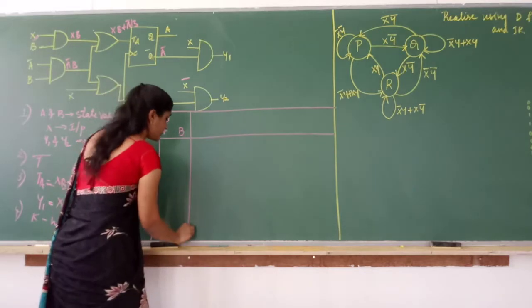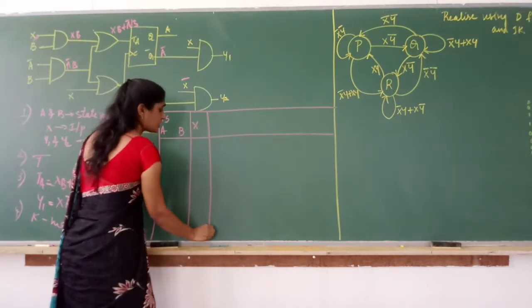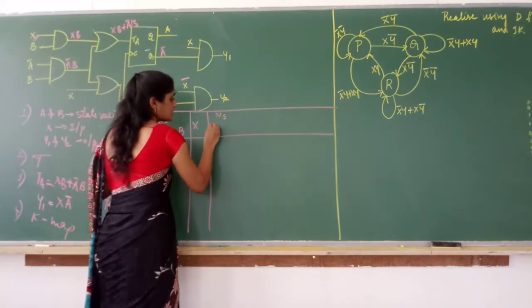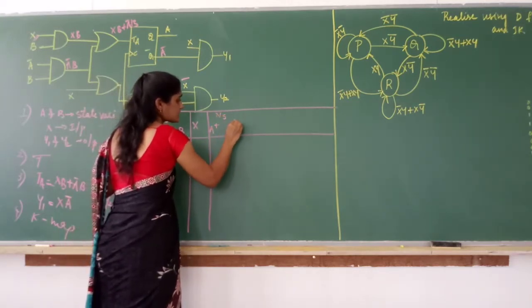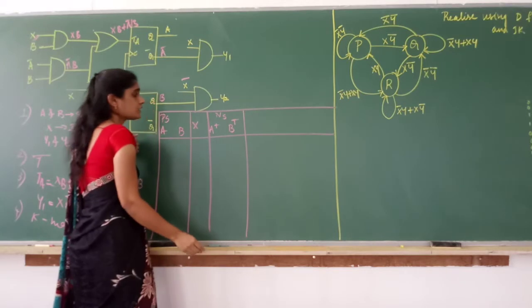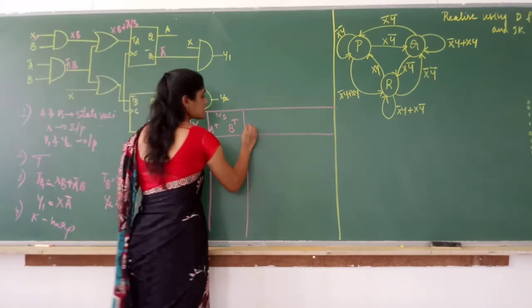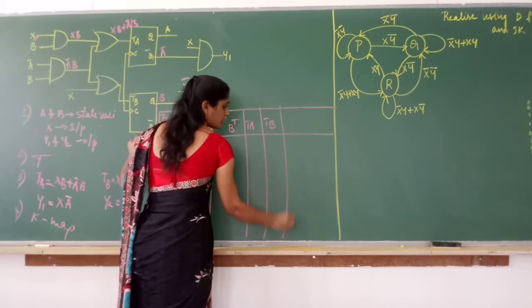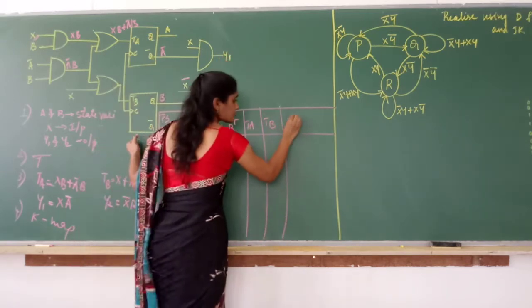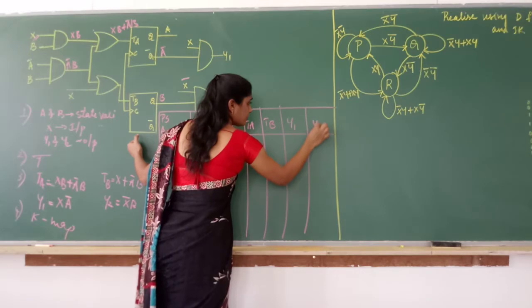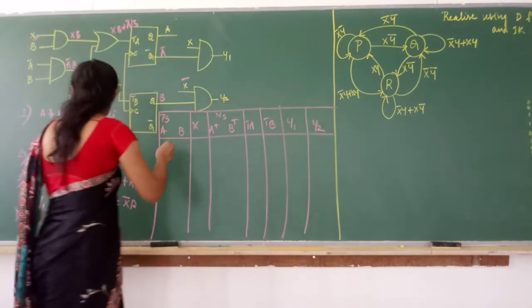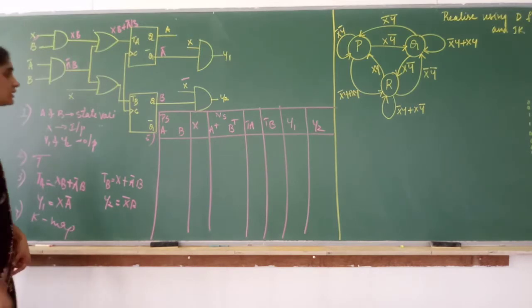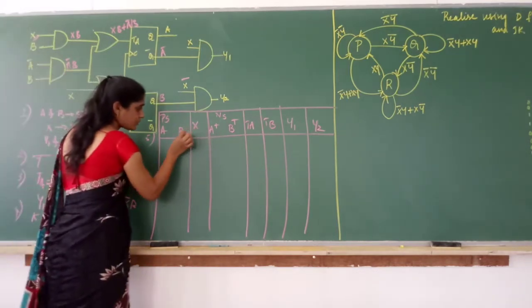So we have the input variable x. You can even write x first and then the present state. Now the next state, that is A plus, B plus, and then the flip-flop inputs, that is TA, TB, and the output variables. Here the output variables are 2, so y1, y2. So the fourth step is to write the K-map, and this is the fifth step, writing the excitation table. So A, B, X, 3 input variables we have.